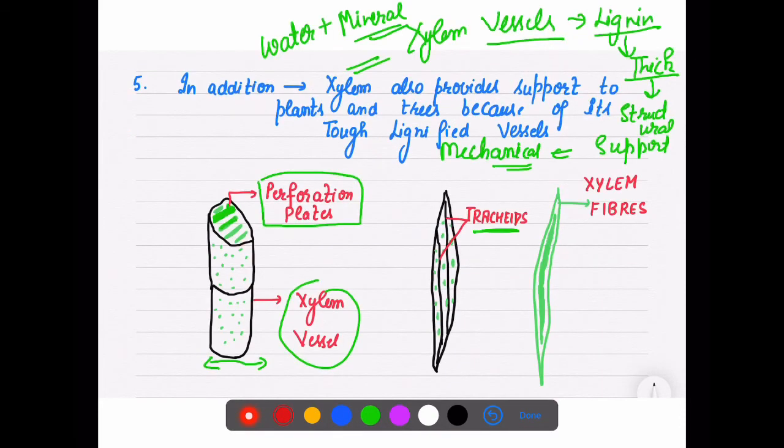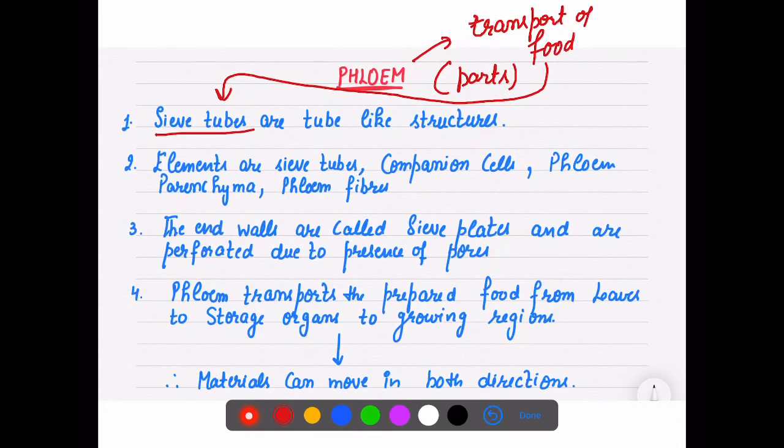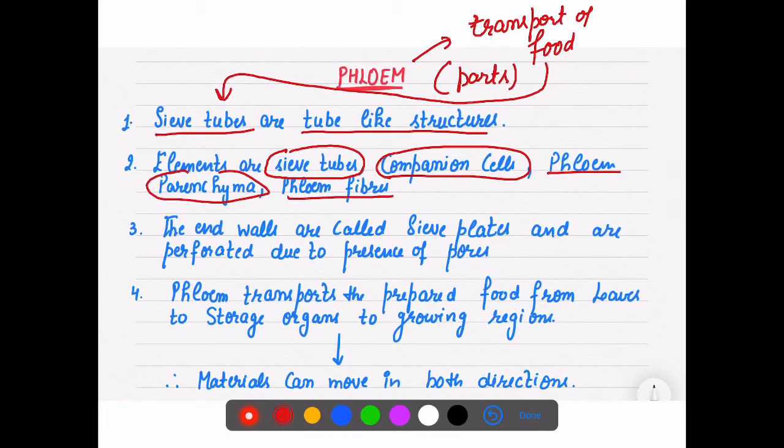Like in xylem the vessels and tracheids play the main role, the same in phloem, sieve tubes are the main ones. They are tube-like structures. Otherwise it has four elements: sieve tubes, companion cells, phloem parenchyma and phloem fibers. But out of these only two play a major role.